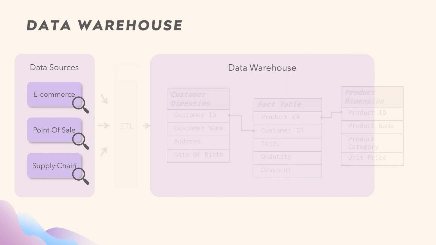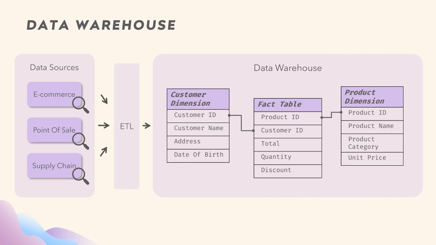It stored data extracted incrementally in batches from source systems like transactional databases using a process called extract, transform, load, or ETL. It adopted many of the same data structures and terminology from relational systems, including tables, rows, columns, and primary keys, but it used different data models, like this star schema, which is more suited for analysis.